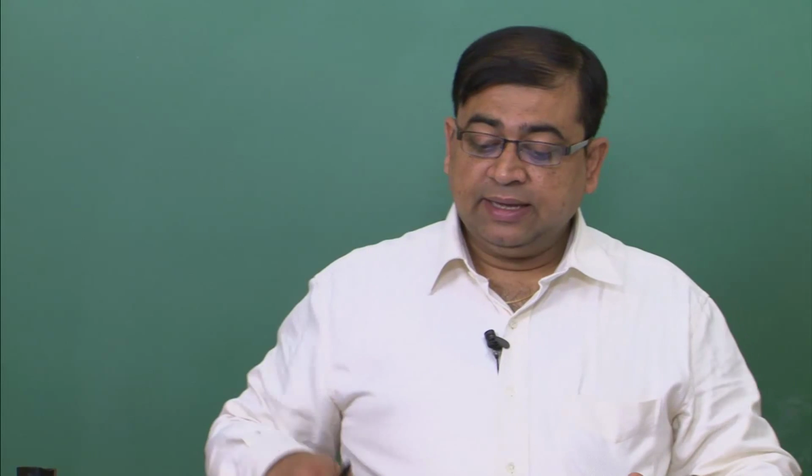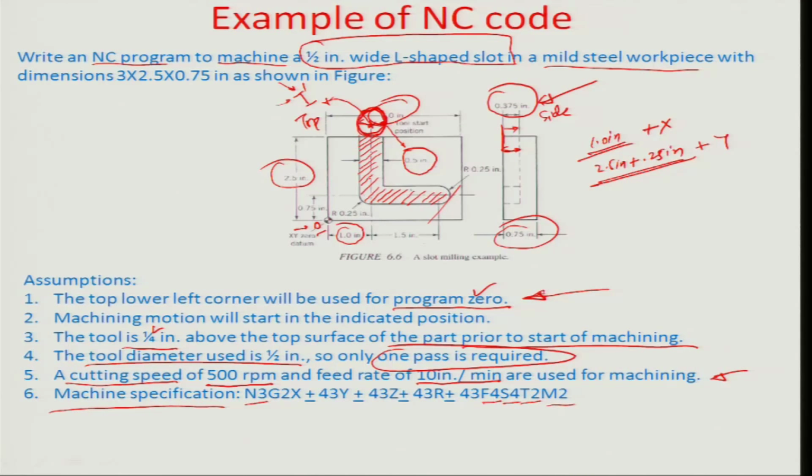It's still cleared off the block, and it has to now traverse so that the L slot that has been given here can be fully machined. So the next position we want this tool to go to, with respect to the origin, is in the Y direction. The tool was somewhere here, corresponding to 2.75 inches, and now the tool position has to come all the way to this particular position, which is at a distance of 0.75 inches from the origin.